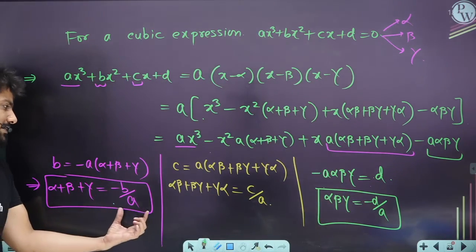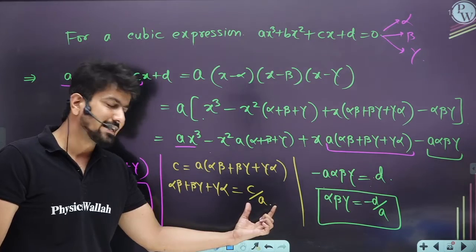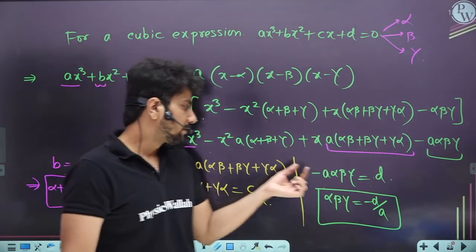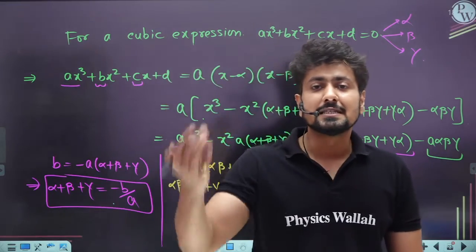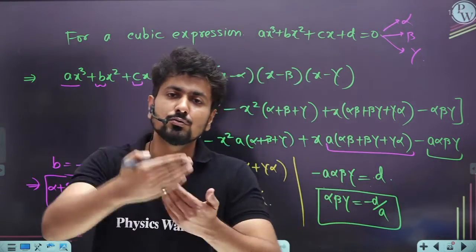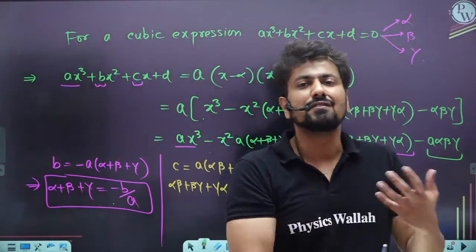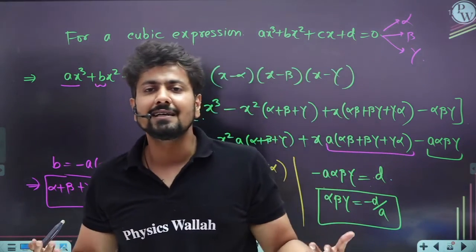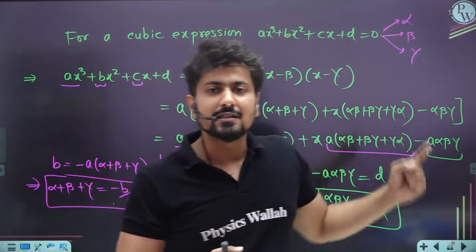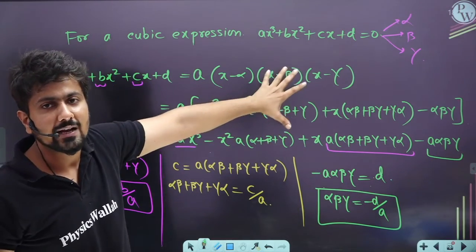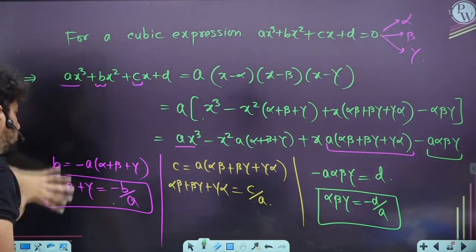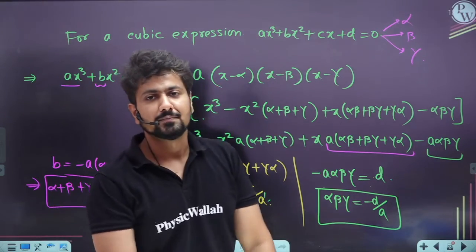Sum of roots minus b by a, sum of roots taken two at a time plus c by a, product of the roots minus d by a. Now this is going to work for cubic, then degree 4, degree 5, degree 6, whatever degree the expression is, the same pattern is going to follow, and this is the logic behind the relation between roots and coefficients.